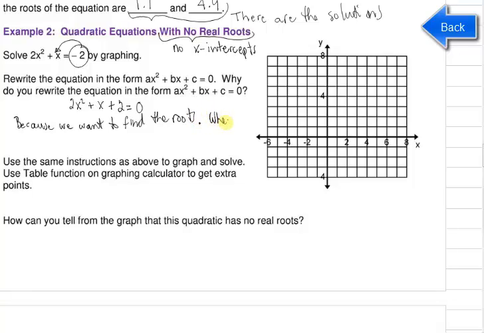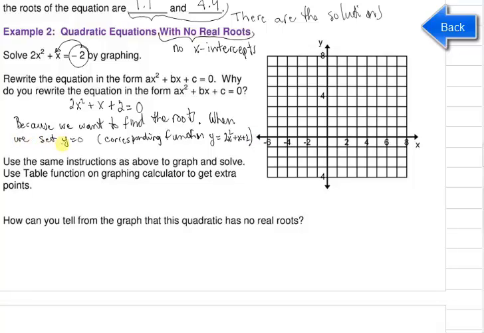So when we set y equal to 0 in the corresponding function, the corresponding function for this is y equals 2x squared plus x plus 2.